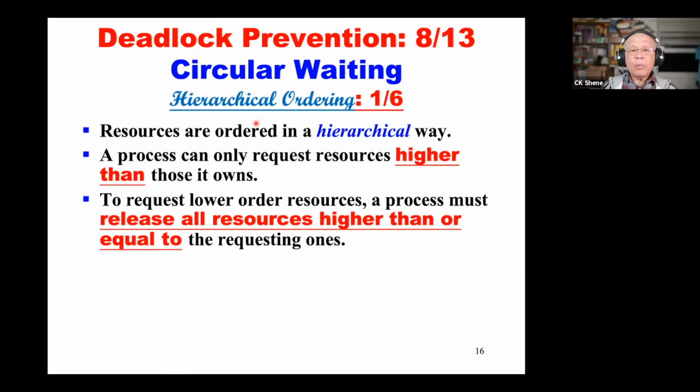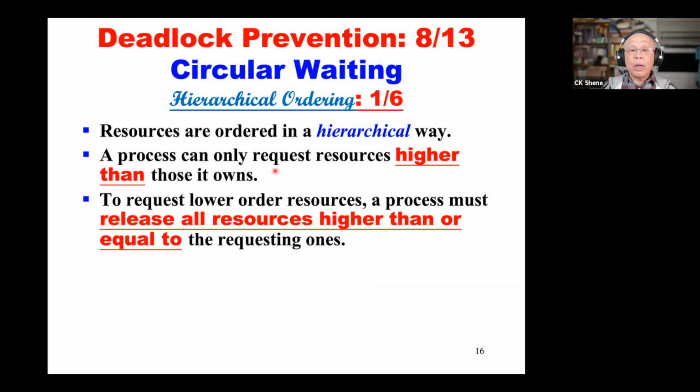Hierarchical ordering means a system has resources, and these resources are ordered in a hierarchical way. What does that mean? Level 0, level 1, level 2, up to a highest level. Because a system can only have a limited number of resources, the levels in this hierarchical ordering must be finite.